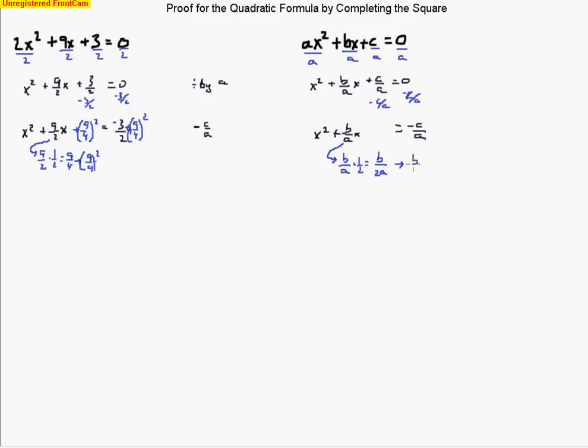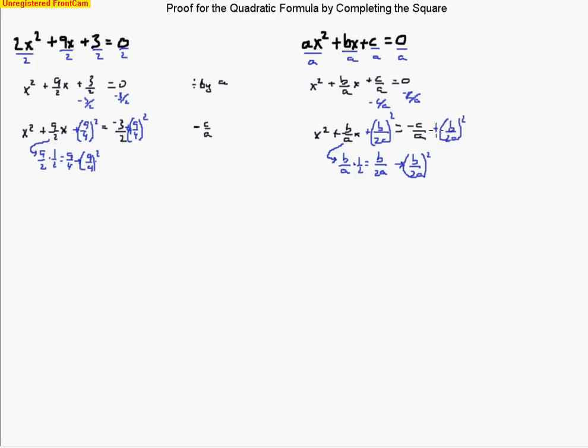But in order to figure out what you have to add to make that a perfect square, you need to multiply this by itself. So that's b over 2a quantity being squared. That's what I'm having to add to both sides. So plus b over 2a quantity being squared.